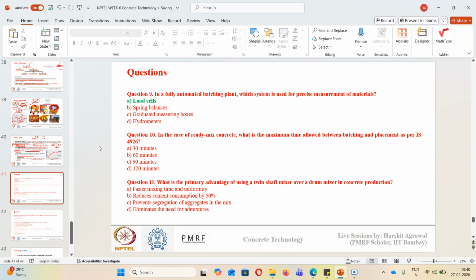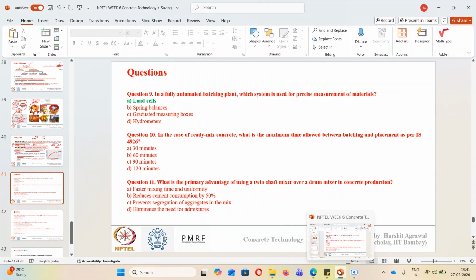Question number 10: in case of ready mix concrete, what is the maximum time allowed between batching and placement of concrete? So in an RMC, what is the maximum time allowed between batching and pouring of concrete? Does anyone have any idea?